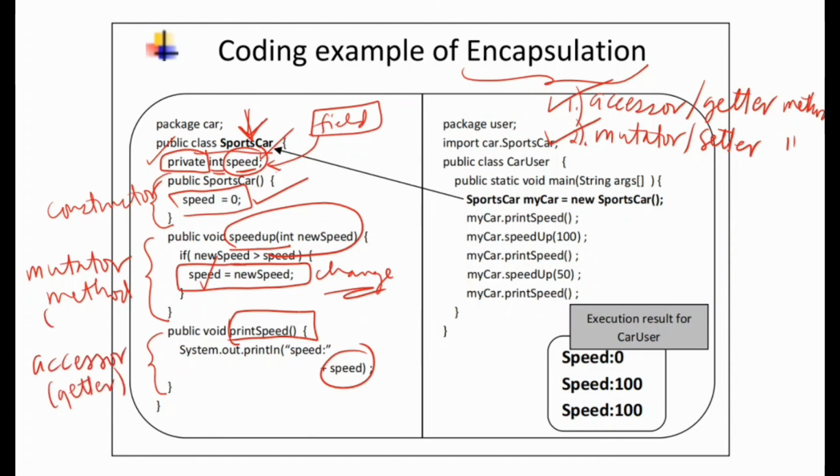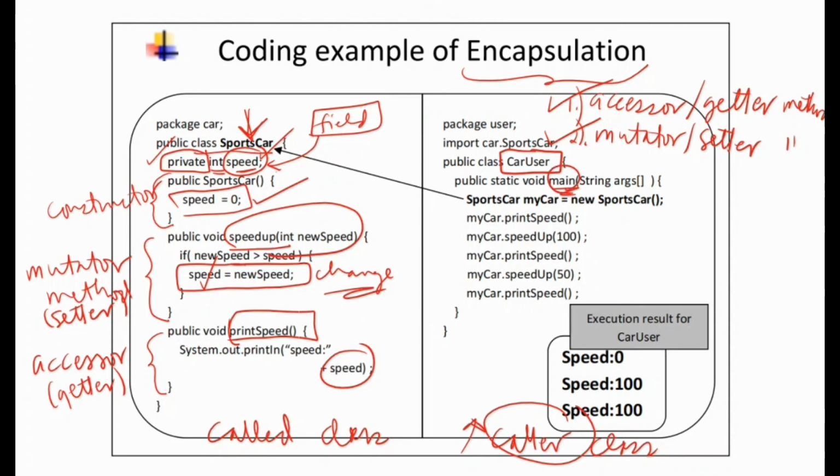Okay, this is the setter method. This class sports car is the called class, and the class car user is the caller class. We have here the main method, so this is the caller class that can be run or executed.